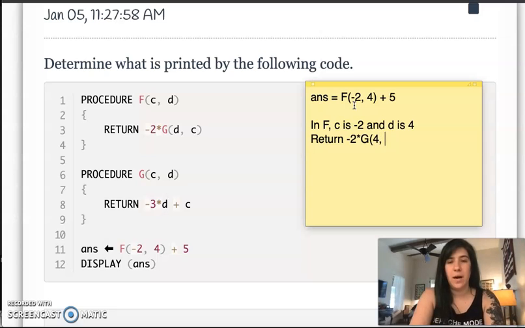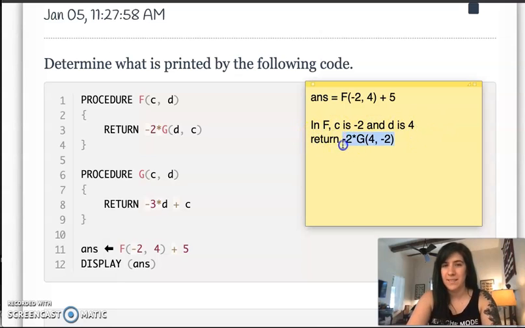So d is 4, I'm going to stick that in, and c is -2, I'm going to stick that in, and this is everything that's happening inside my function f. Before I can figure out the answer, I need to figure out this line, and then I will know what I can plug in for f up top. So I need to do -2 times g, where the first number is 4 and the second number is -2. That means now I need to look at procedure g.